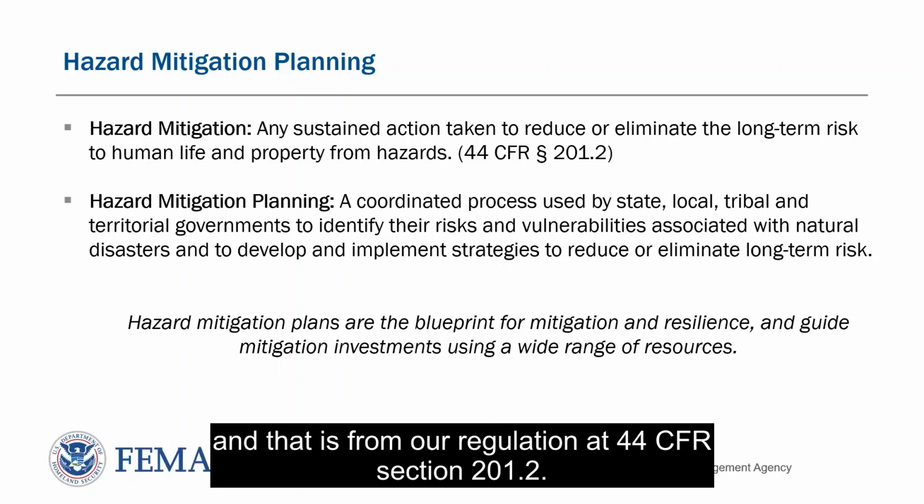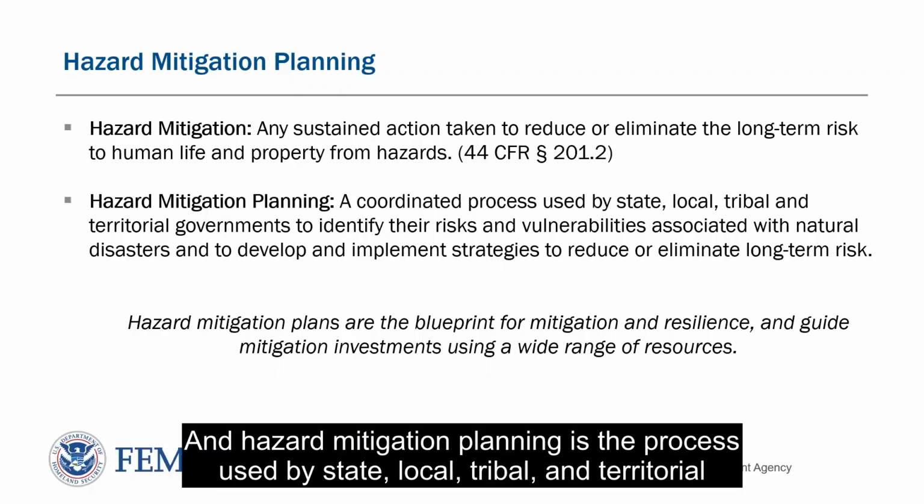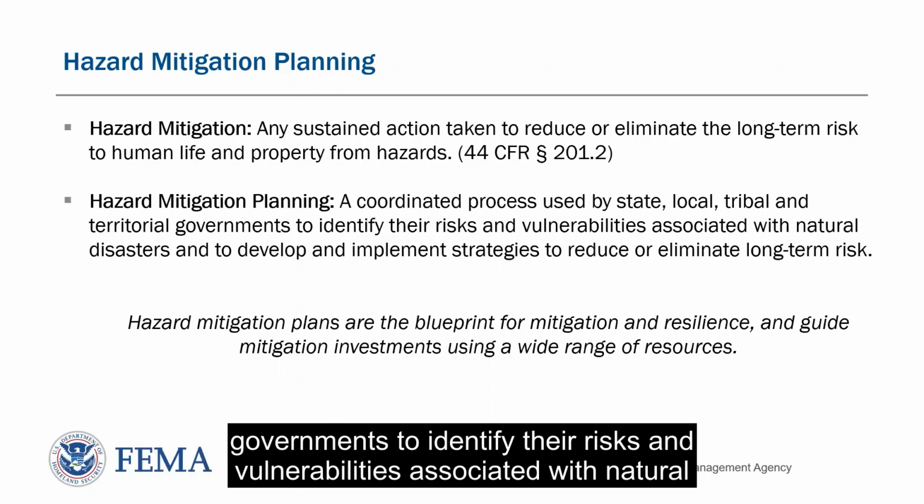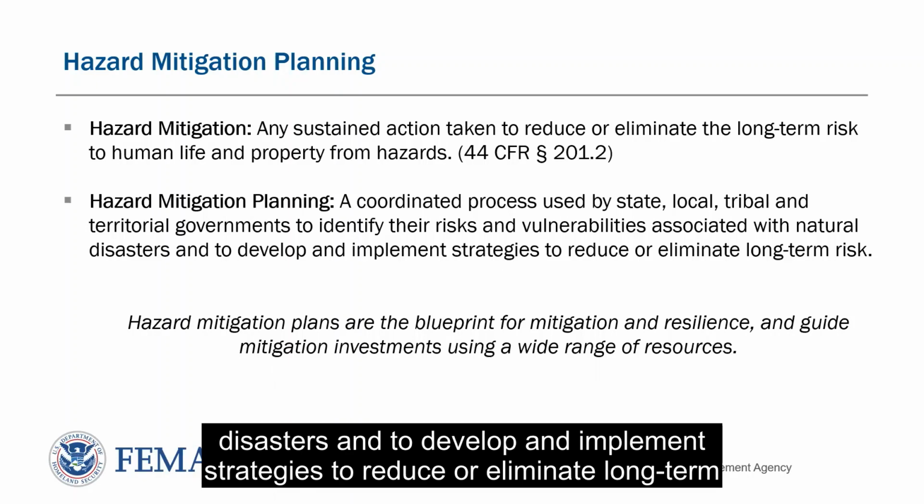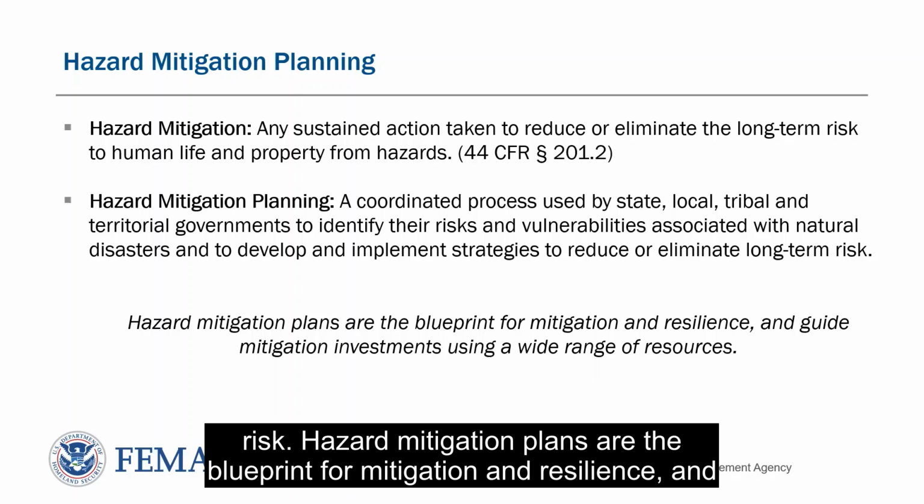And that is from our regulation at 44 CFR section 201.2. And hazard mitigation planning is the process used by state, local, tribal, and territorial governments to identify their risks and vulnerabilities associated with natural disasters, and to develop and implement strategies to reduce or eliminate long-term risk.